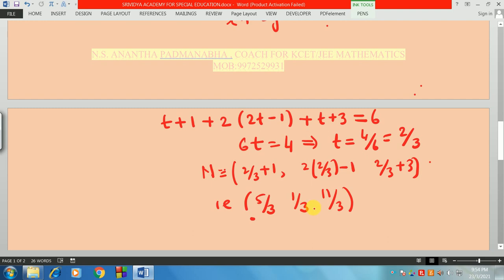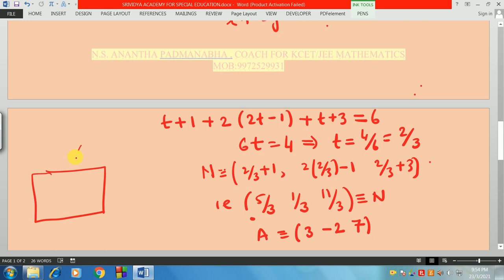So we got N as this point, and we have already found A, which is nothing but (3, -2, 7), the coordinates of the intersection of the line and the plane. Actually, we are required to find the projection of the line on the plane like this.